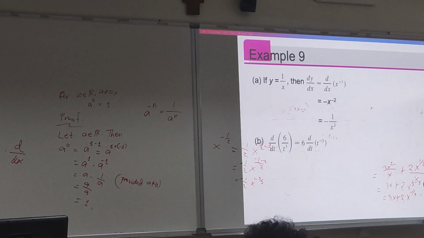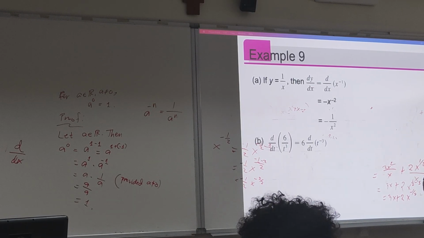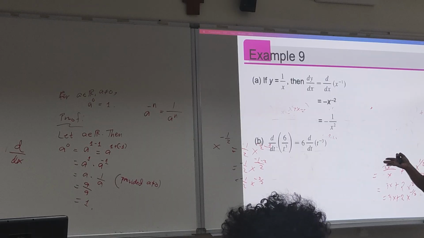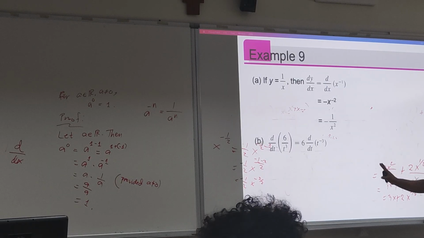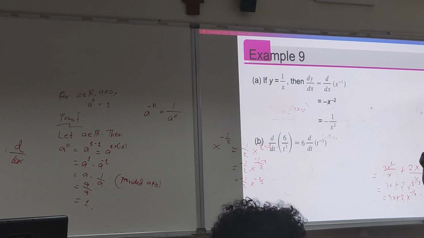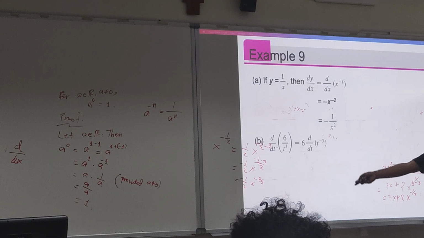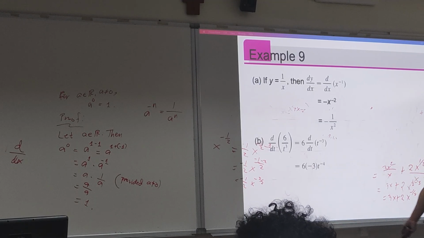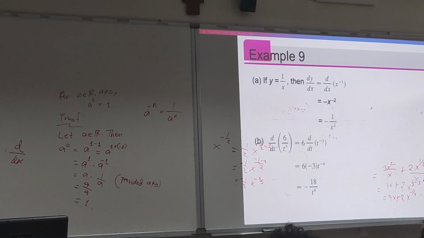It is the same as the last one, a shortcut. You have many other ways to solve it. So this one here is just negative 18 over t to the fourth.